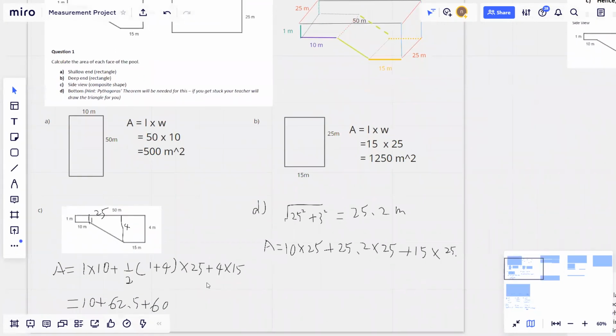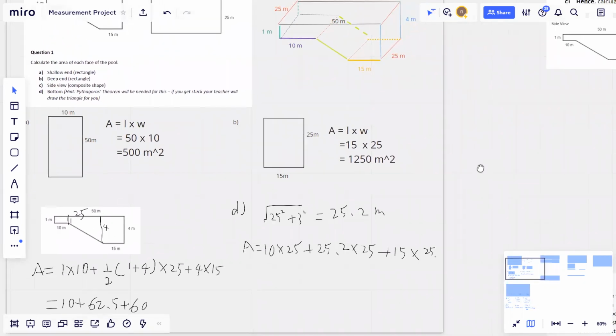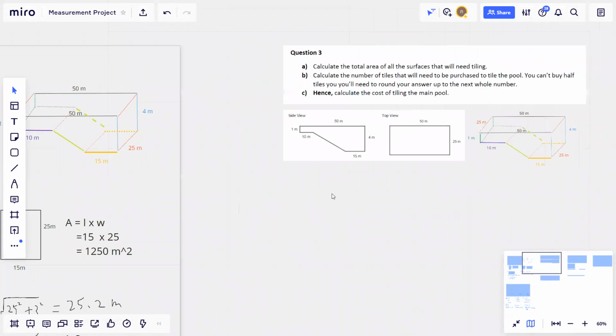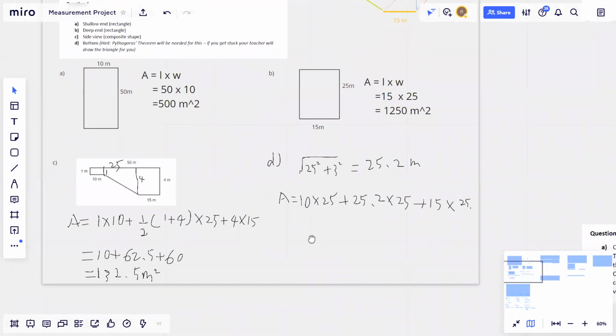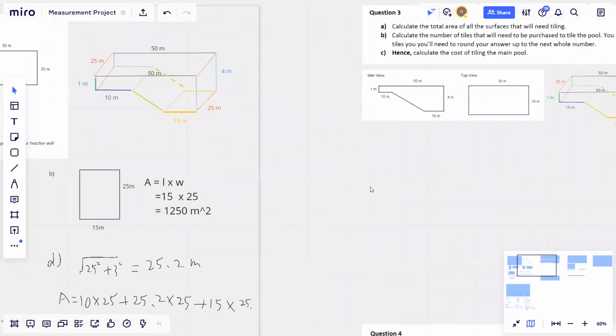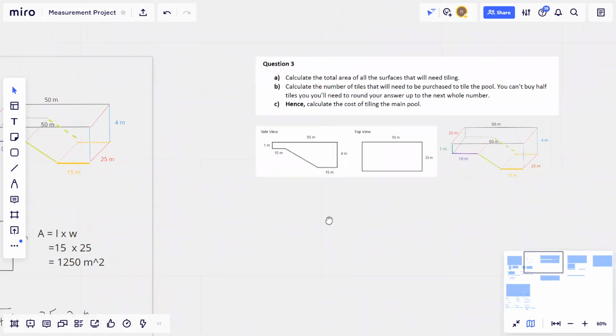The side view, we got the answer. The side view is 132.5. Because for the side view, we have 2 side views.